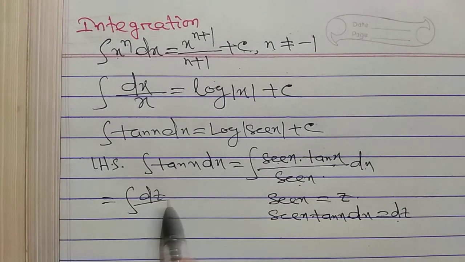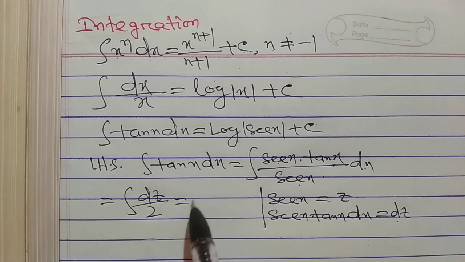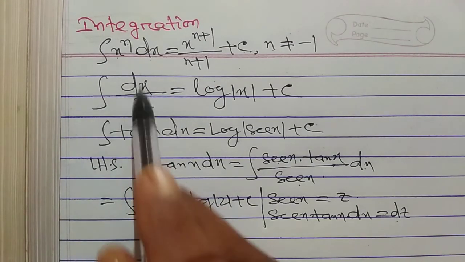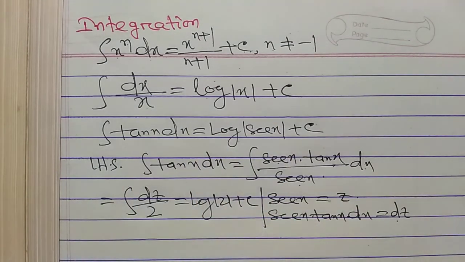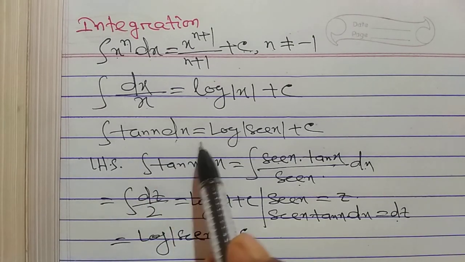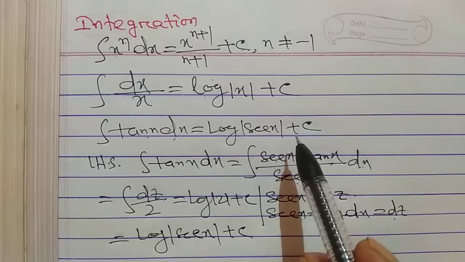So that is dz by z, which is equal to log z plus c, since integration of dx by x is log x plus c. So that is equal to log of sec x plus c. That means integration of tan x dx is equal to log of sec x plus c.